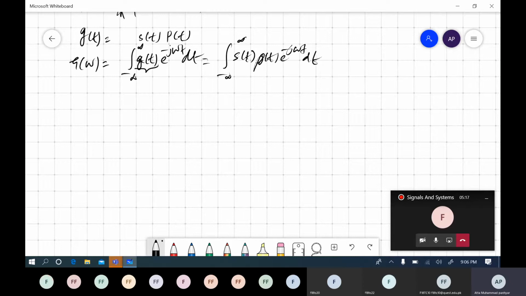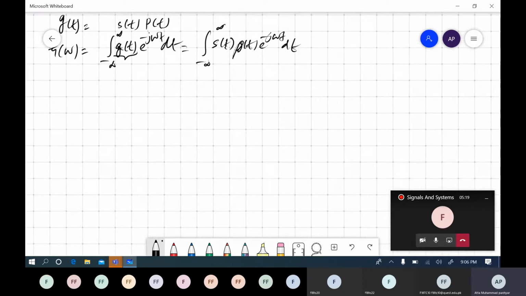So if we wish to compute the time domain signal p of t, that must be equal to the inverse Fourier transform, 1 over 2 pi integral from minus infinity to infinity of P of phi e to the power plus j phi t d phi, right? We have already used the omega symbol, so I am using the phi symbol.